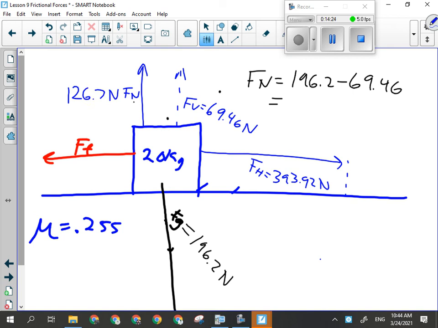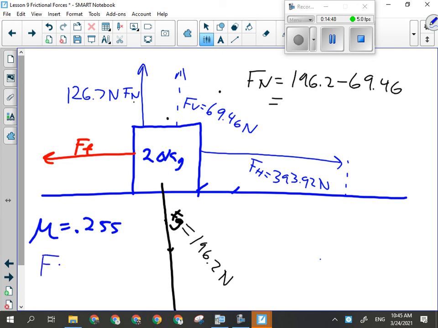Now that I know that, I can finally find the force of friction that is opposing the horizontal component going forward. I had to do all this work just to get this force over here. Now that I've got all this vertical stuff, I actually don't need to do anything with it after this. The box isn't moving vertically. I just needed to use that so that I could find Fn.